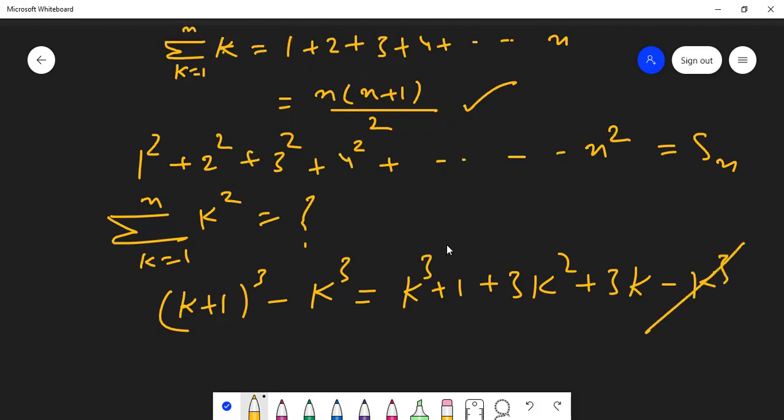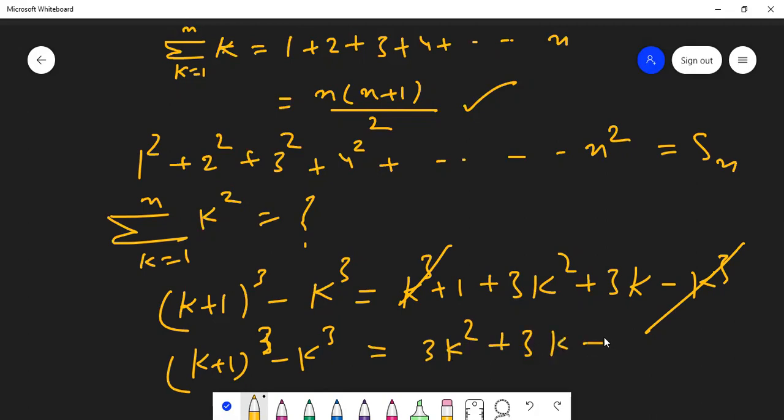So k cube should be crossed out, and we get k plus 1 cube minus k cube is equal to 3k square plus 3k plus 1. All right, so we get this expression.